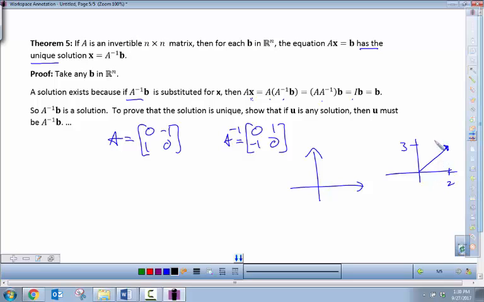So in this particular scenario, we'll let B, the vector B, equal to this thing. And now the question is, what vector X do we have so that it rotates 90 degrees to this? This is a 90-degree rotation, right?